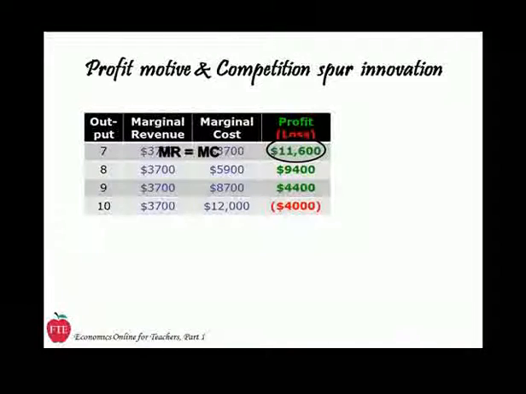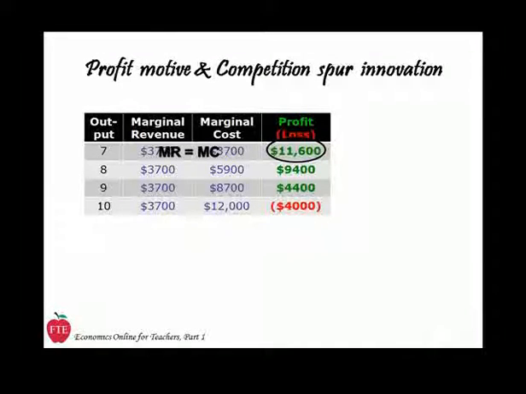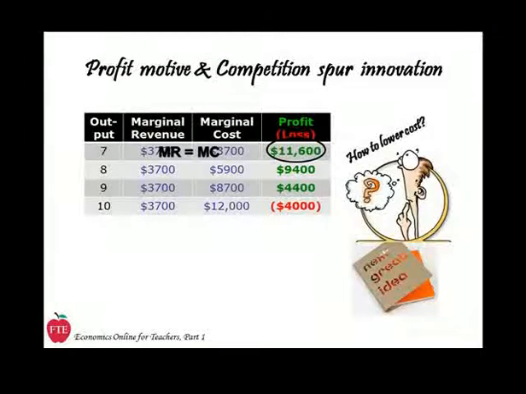And if we want to tie this whole process into the earlier part of our lecture, as the profit motive entrepreneur looking at this chart, what should you be thinking about? Well, according to Schumpeter, you're thinking about innovations that might help you lower the marginal production cost for units 7, 8, 9, and 10 so that you could make even more profit.